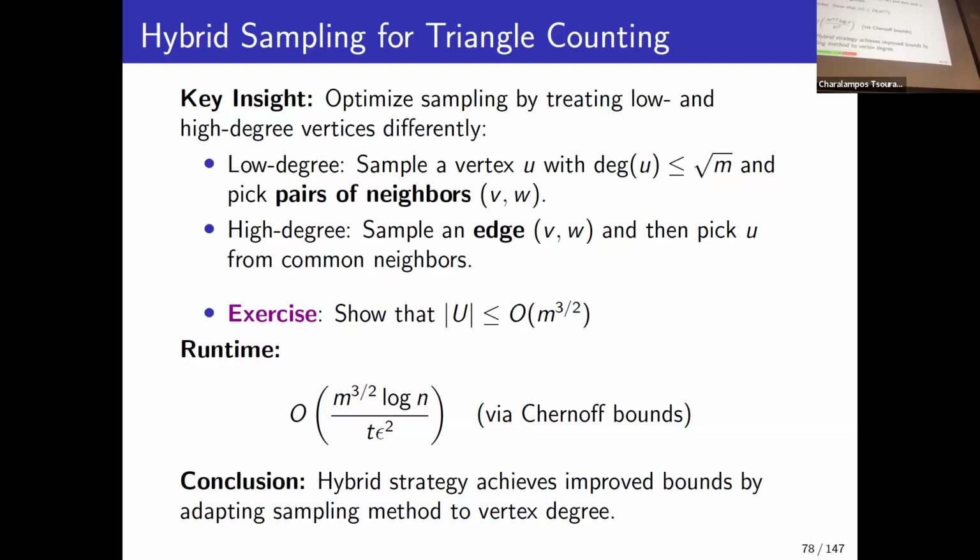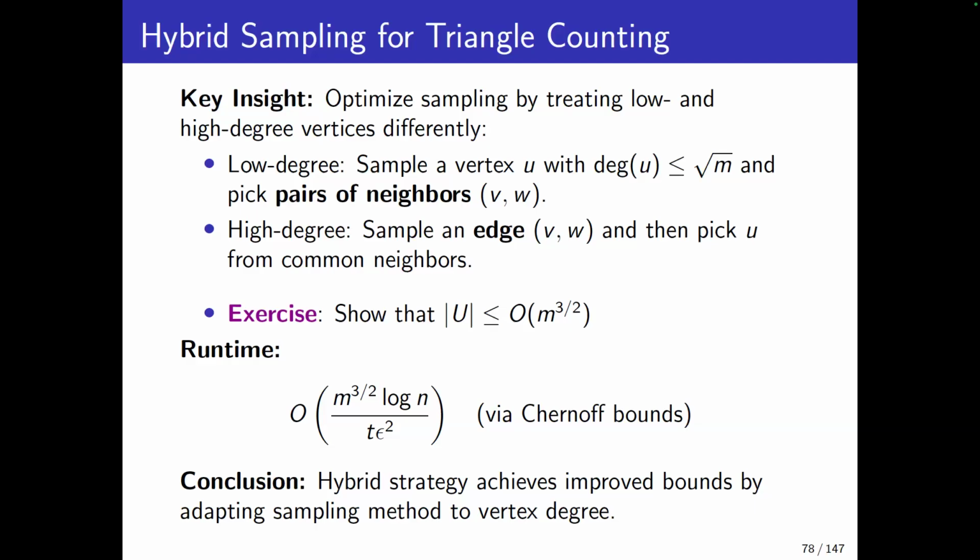Why do we have this square root of m? Because if a node has square root of m degree, the number of pairs is upper bounded by order m. Okay, square root m squared. So in that sense, it makes sense to take a low degree node and a pair of neighbors.